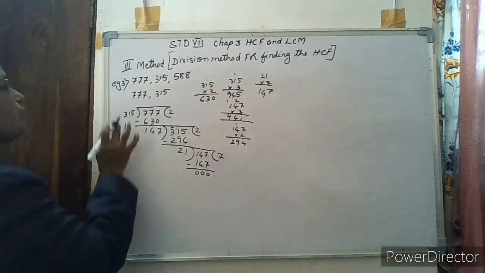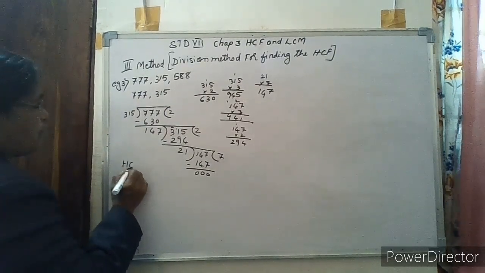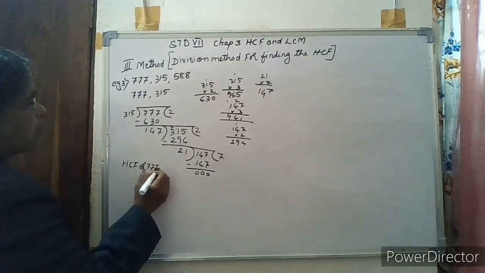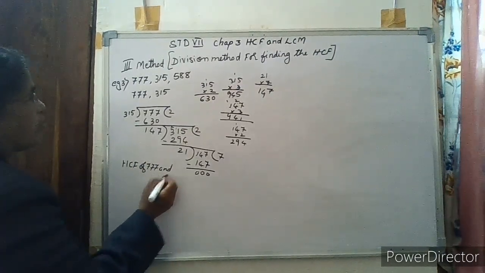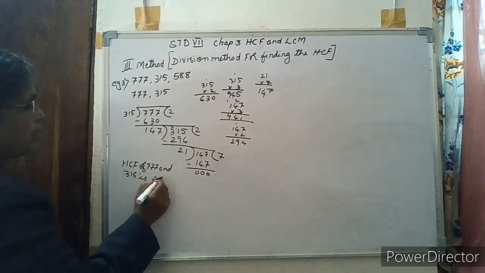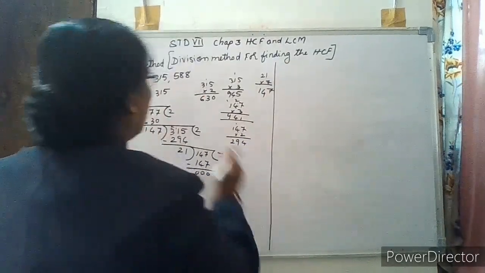Therefore now we found out HCF for only these two. HCF of 777 and 315 is 21. Now we have to find out the HCF with the third number that is left here.